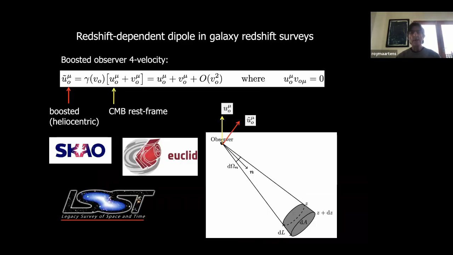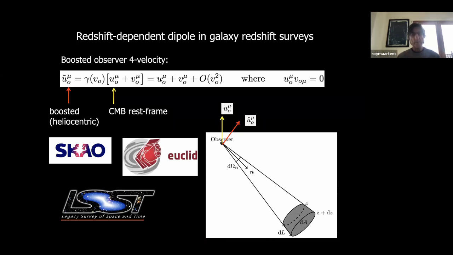So in order to make that clearer, let me return to the redshift-dependent dipole, the D3 that I was talking about. We're thinking again of the heliocentric or boosted observer with a 4-velocity U tilde relative to the CMB rest frame, which is our reference. Remember, we assume the cosmological principle and then we derive the theory on that basis. So to first order, U tilde is equal to U plus V, where V is the relative velocity.